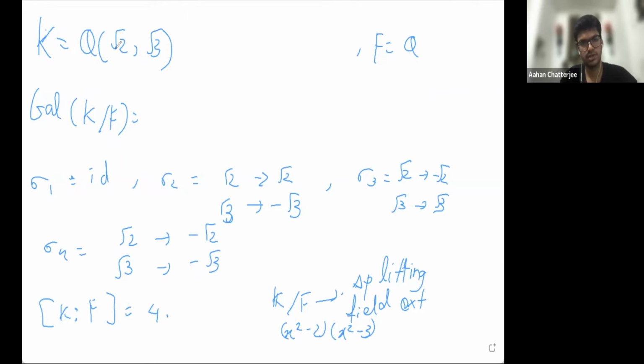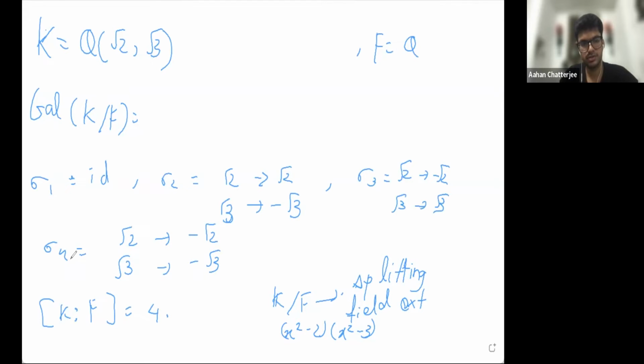Because the roots here are root 2 and root 3. So these are roots of x squared minus 2 and x squared minus 3. And then you can see that this polynomial is separable, so it does not have any repeating roots. And so you'll get that K over F is a Galois extension.